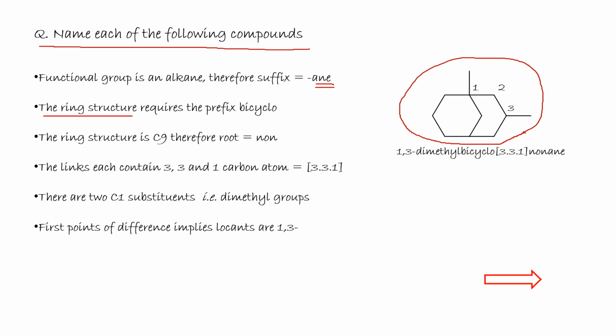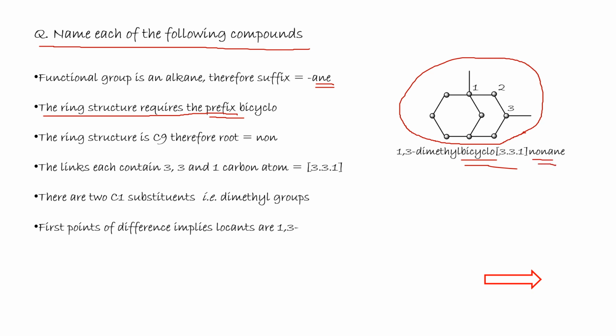The ring structure requires a prefix, and the prefix will be bicyclo. How many total carbons? 1, 2, 3, 4, 5, 6, 7, 8, 9. So it is bicyclo nonane.